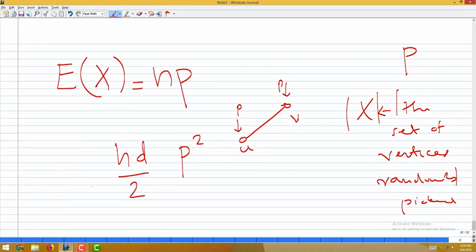And then what is the expected number of edges? Same idea of indicator random variable: every edge gets an indicator random variable for whether it comes or not, and that comes with probability p square. So, n into d by 2 into p square is the expected number of edges in the selected set. Let us say y is the number of edges in the selected set.